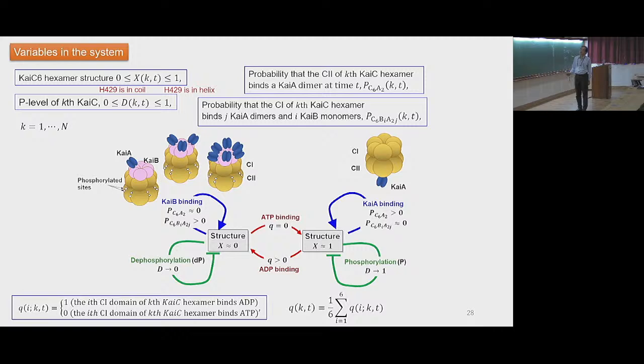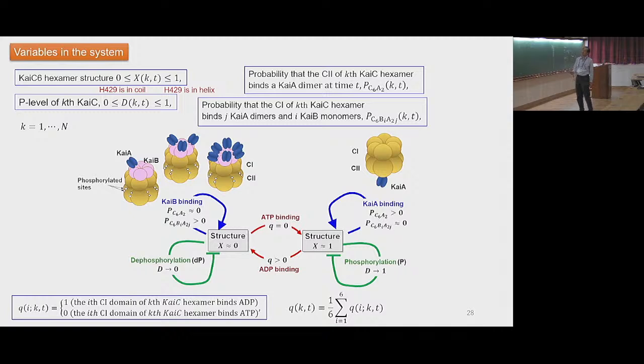We described this time development by something that looks like an ordinary chemical reaction kinetic equation. That equation has the binding rate constant and unbinding rate constant. And we assume that the binding rate constant is large in the X equals 1 state.